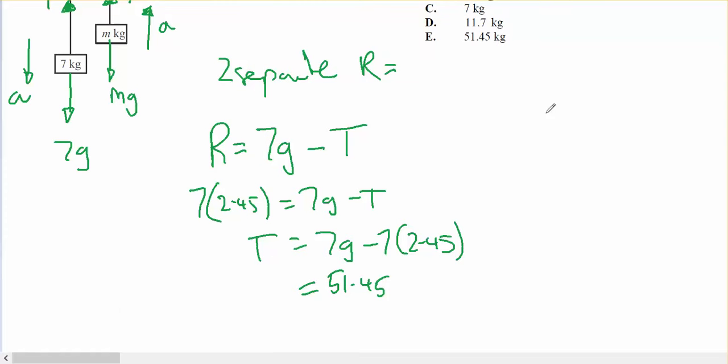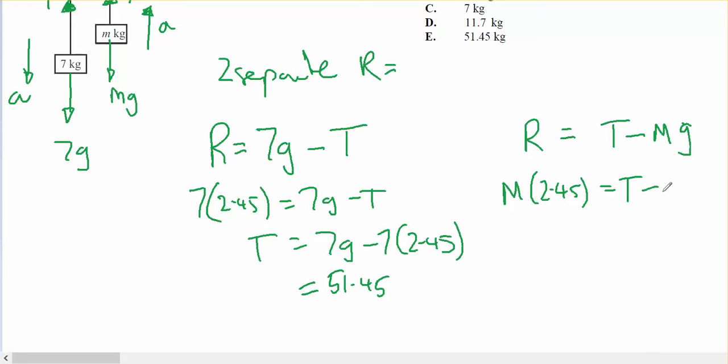And then looking at the second mass, the resultant force in the direction of motion, which is up, will be T minus m times g. Therefore, the resultant force, which is m times 2.45, will equal T minus m times g.